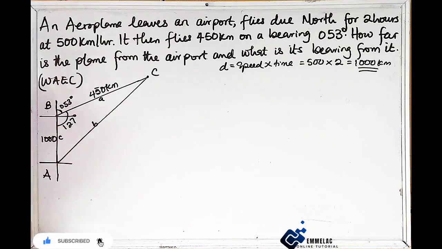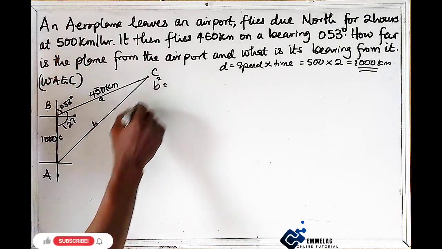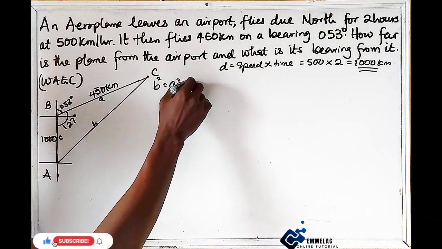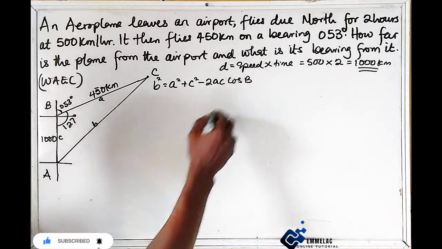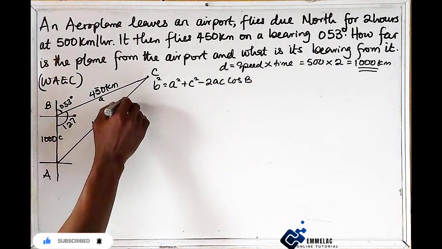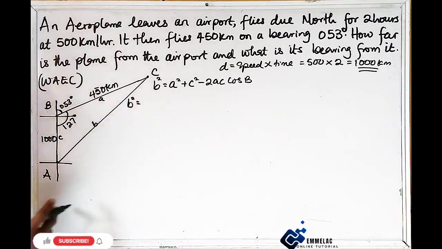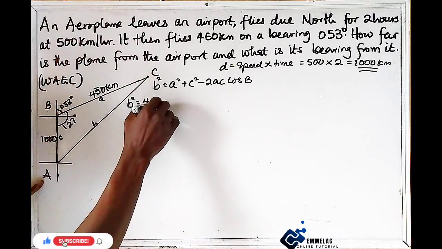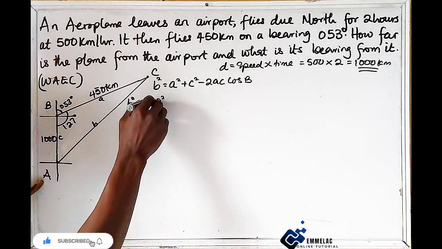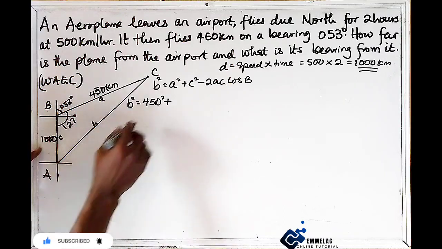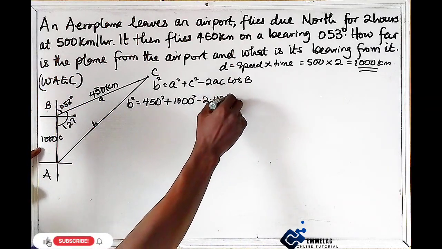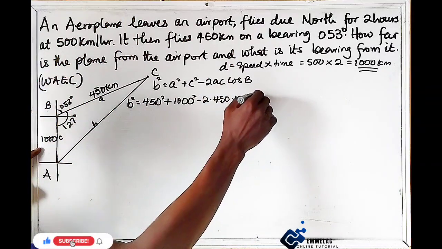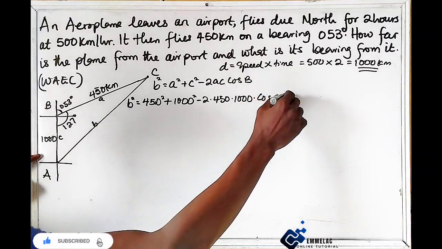If we are to find the distance b, according to the cosine rule, b square equals a square plus c square minus 2ac cos B. So b square here will give us, our a is 450 square, plus our c is 1000 square, minus 2 times 450 times 1000, times cos 127.